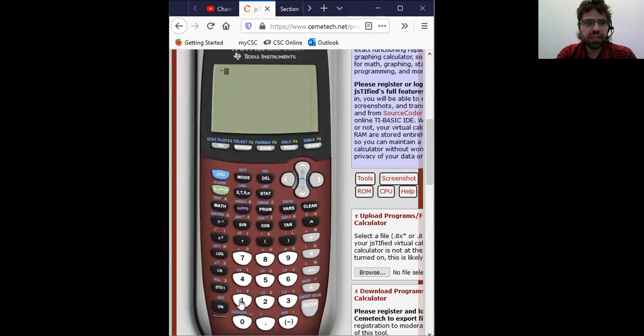Negative B, 15.278 divided by 2 times A. 16.75 pedestrians per hectare per minute.